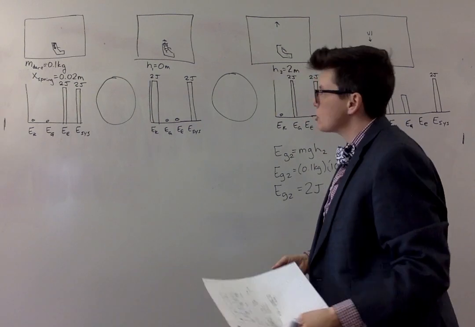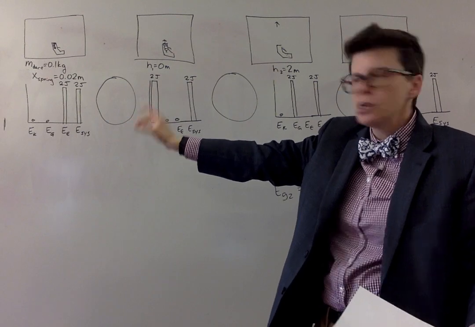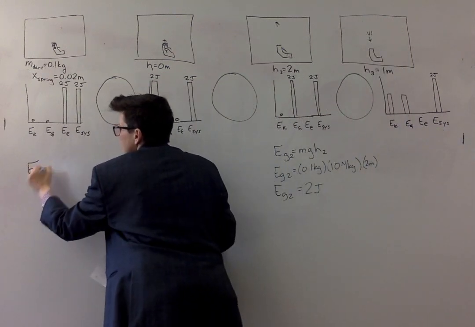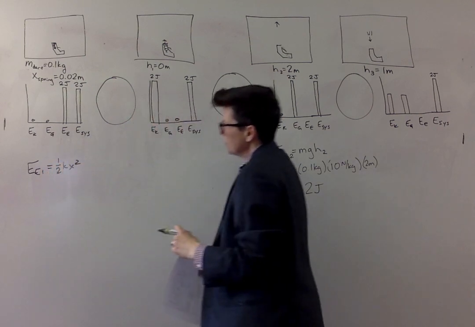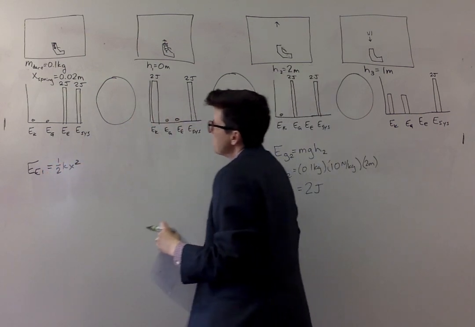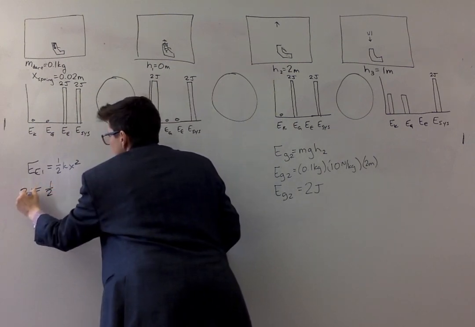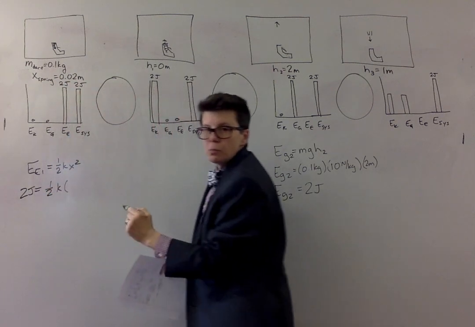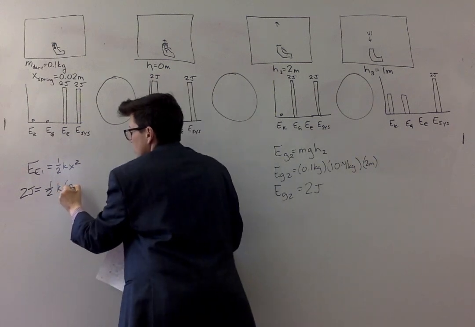Okay, let's see what I want to solve next. One of the questions asks me for the spring constant, and this is the only case where elastic energy matters. Spring constant needs to happen over here. The spring was pressed in for 2 centimeters or 0.02 meters.